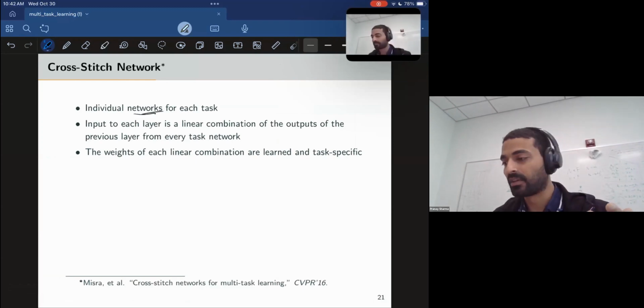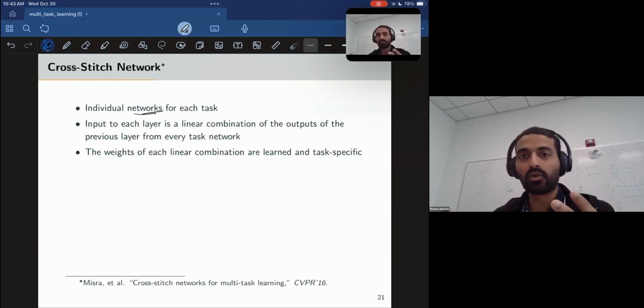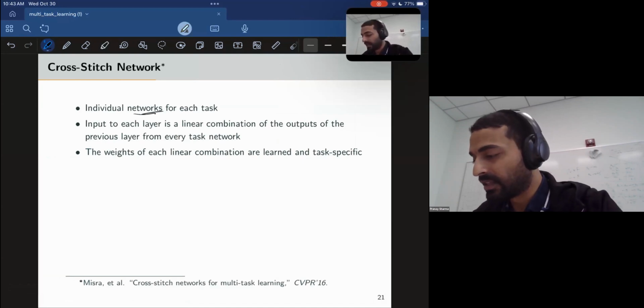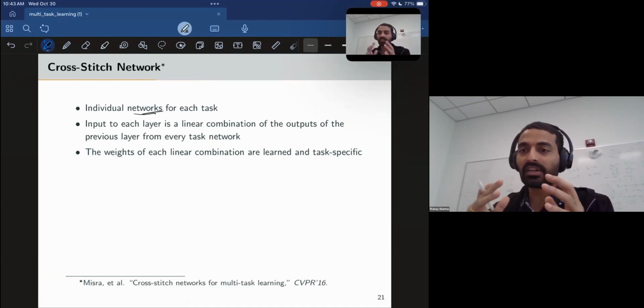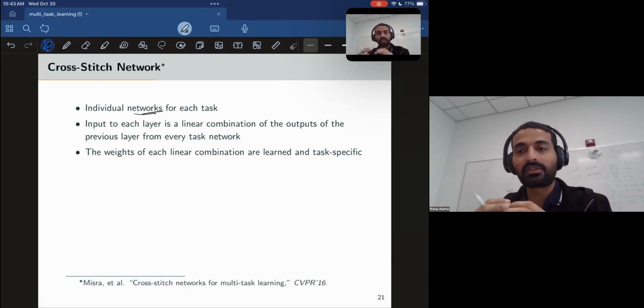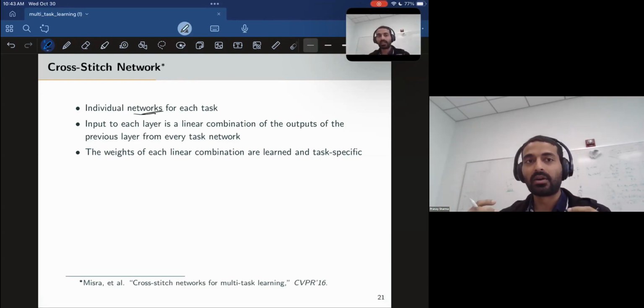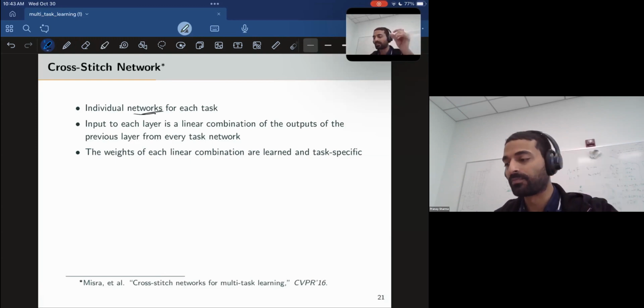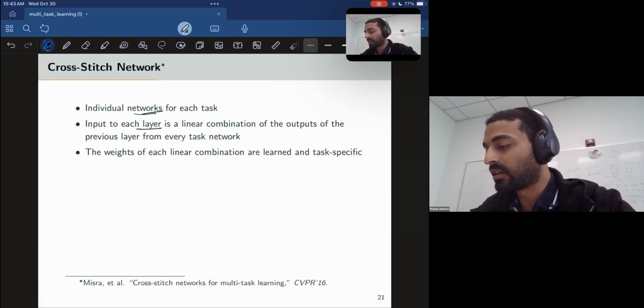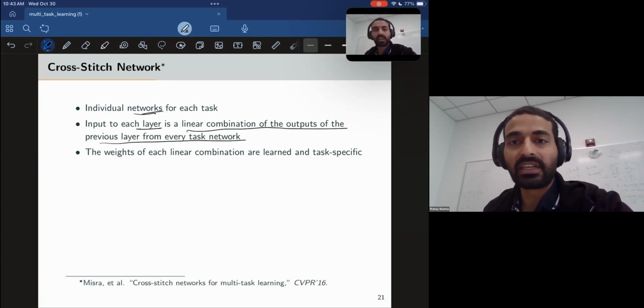But in addition, we also do something much more involved, in the sense that the aggregation or the talking between tasks is not happening only at one stage, it is happening between every few layers. So the input to each layer is a linear combination of outputs of the previous layer from every task.